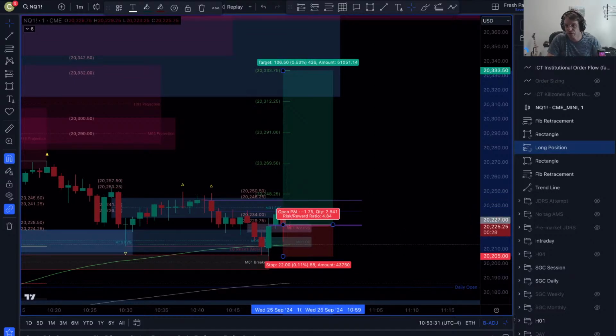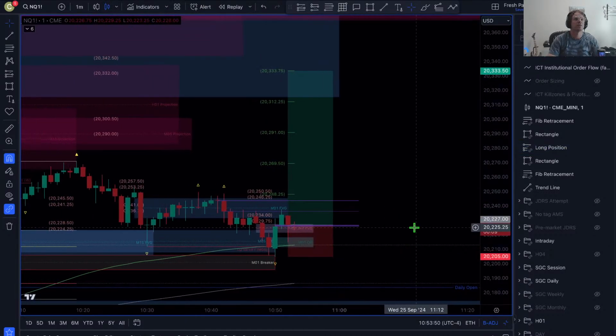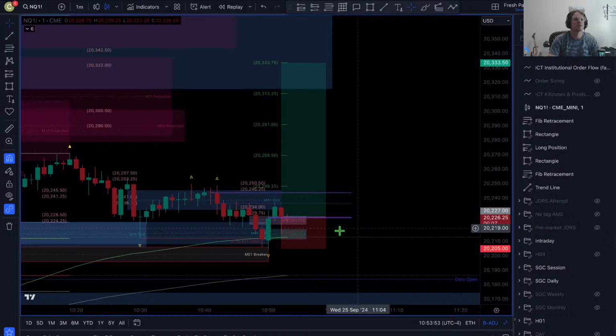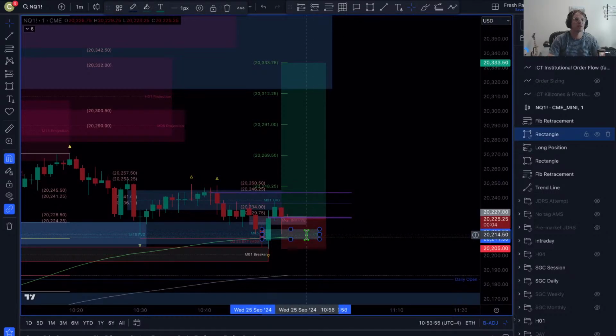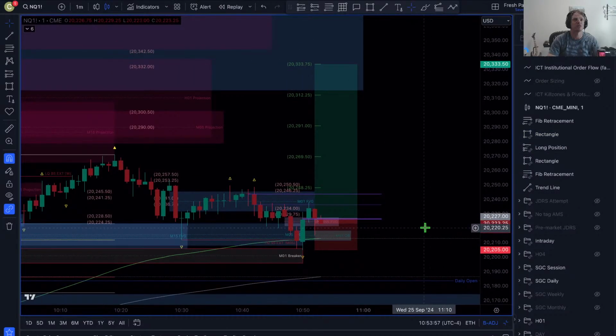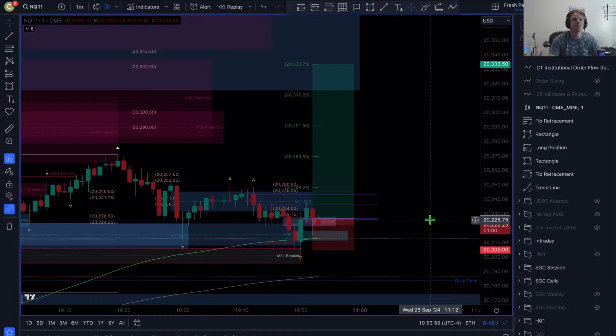248.25. What's a third of 15? It's 28, 30. Let's just do 30, so let's do 10 there. So I held that M1 order block, it held the fair value gap, held the inversion, but it's not looking good to the downside right now.